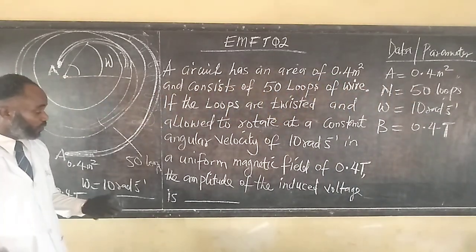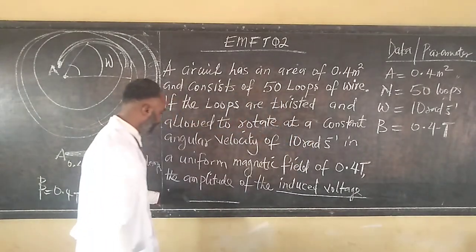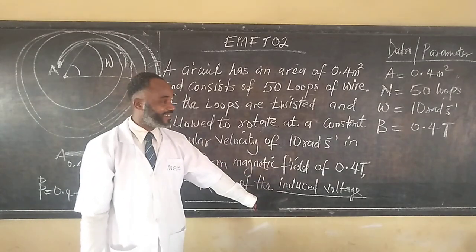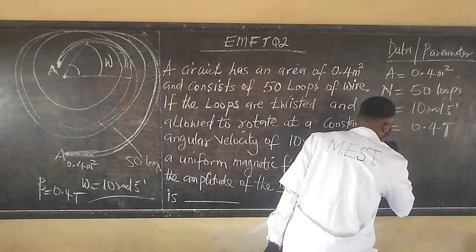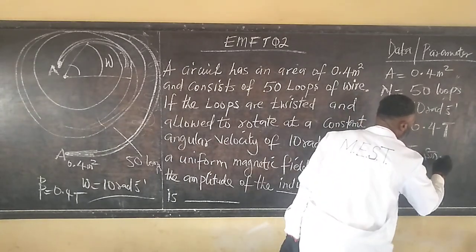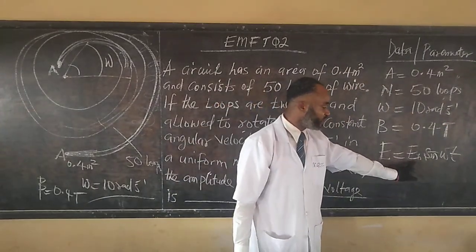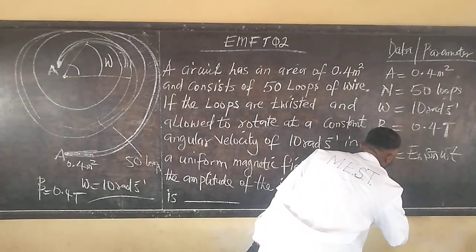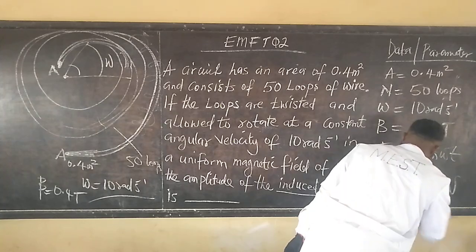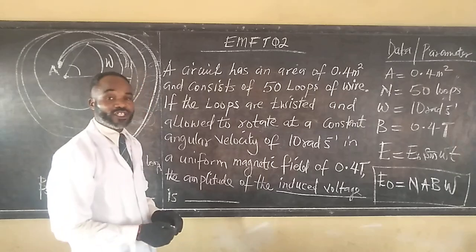What are we looking for? We are looking for the amplitude of the induced voltage. Very technical. We need to state something that represents that, and that is E equal to E naught sine omega t. The amplitude of the induced voltage is E naught, and E naught is given as N, A, B, and W. So with this, we can find the amplitude of the induced voltage.